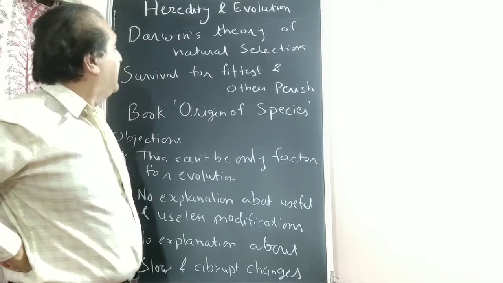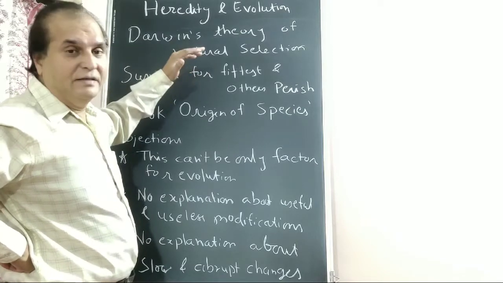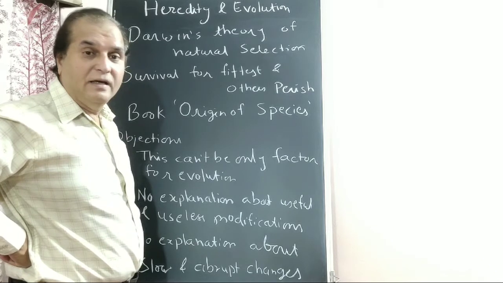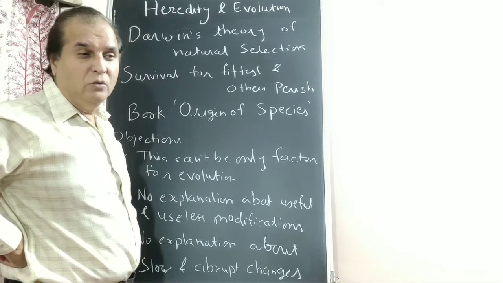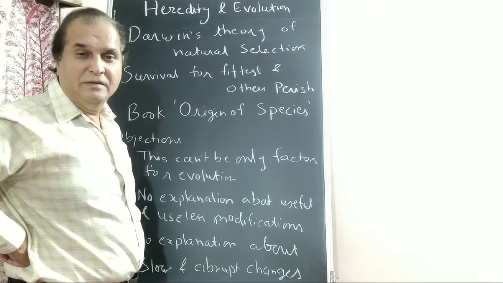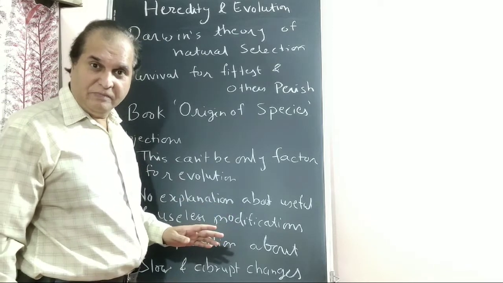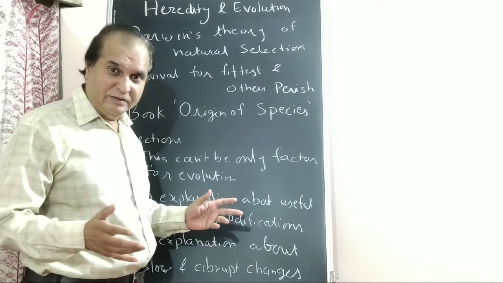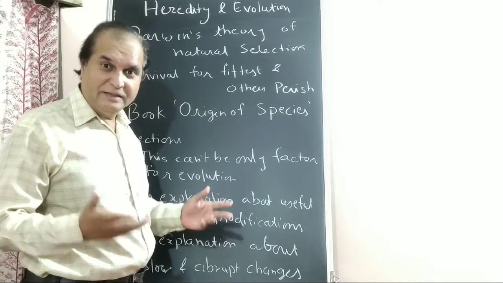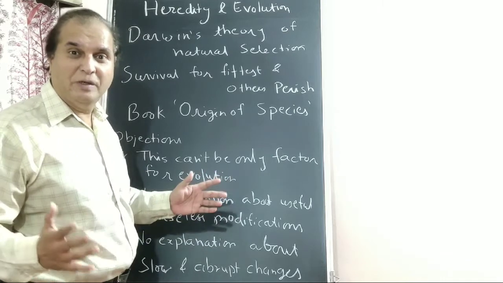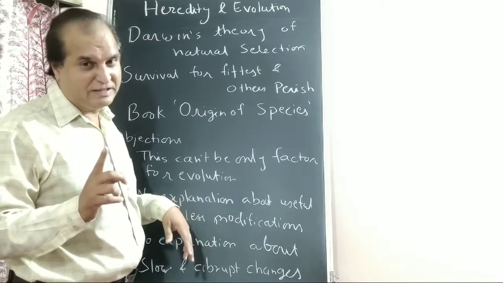Next, Darwin's theory of natural selection. According to Darwin, those who were fit survived, others became extinct. Those who adapted to new changes in climate had the ability to live and prosper, they were fit.